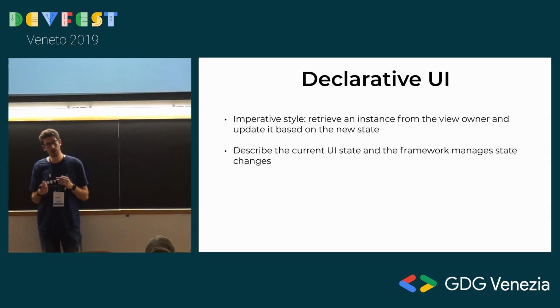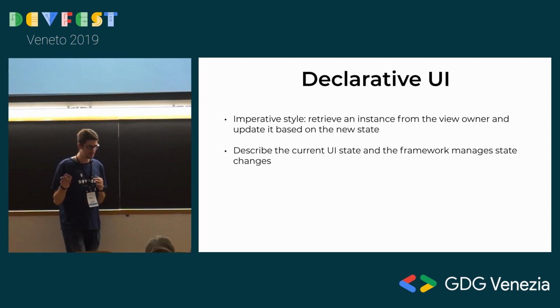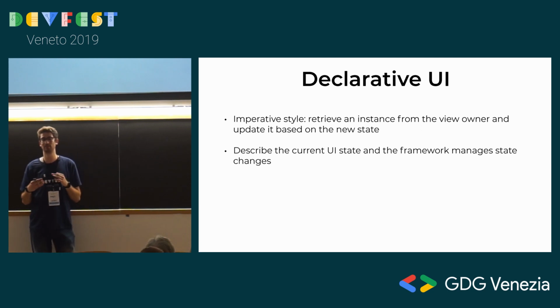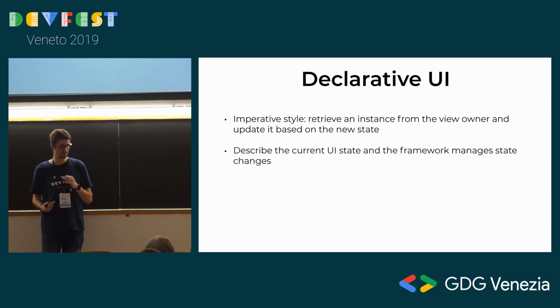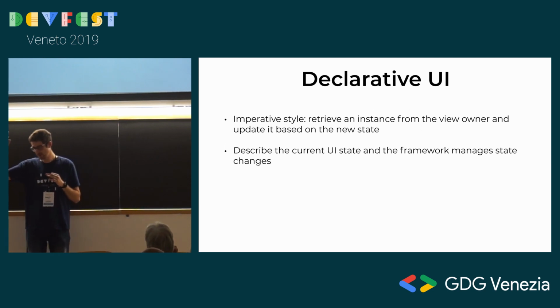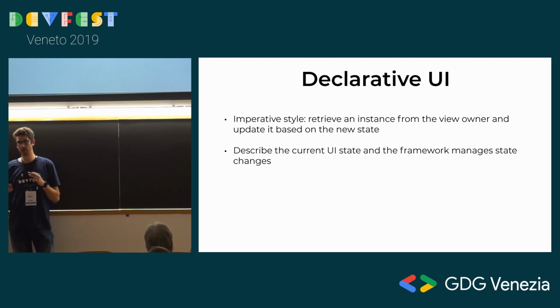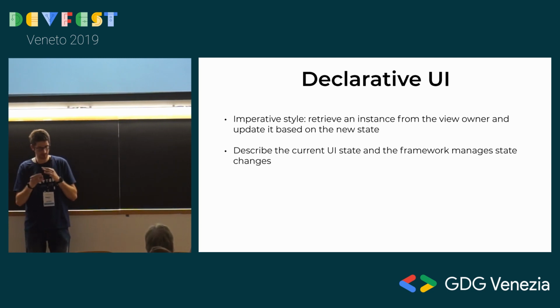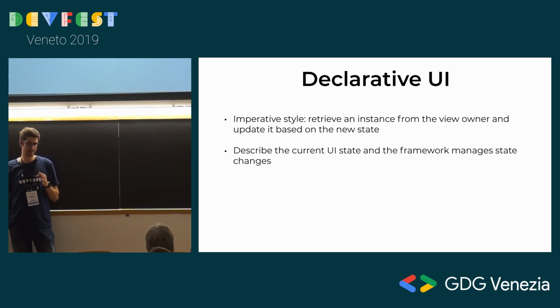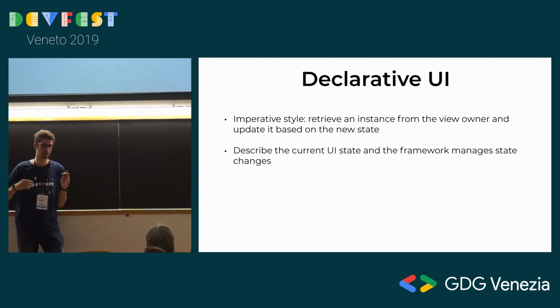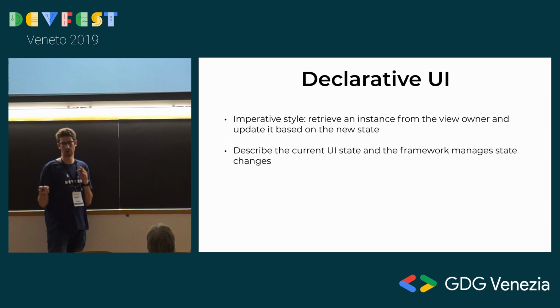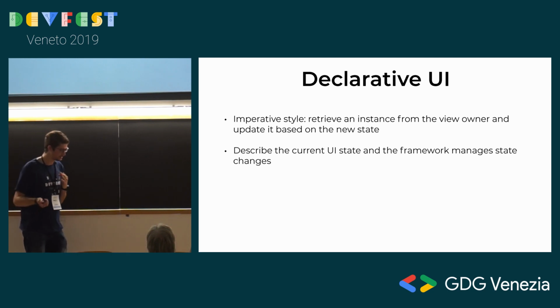So for example, for the mobile developers, when you do findViewById, you are doing this, and then you update all your views with maybe a long if-else based on error or normal or loading state.